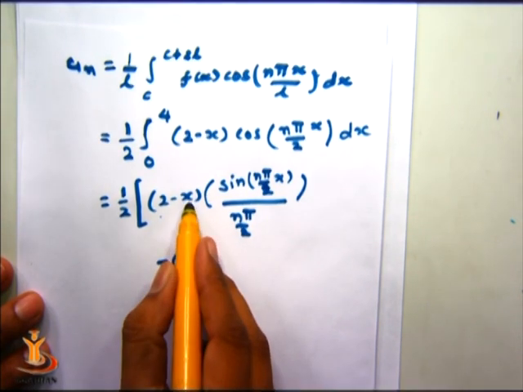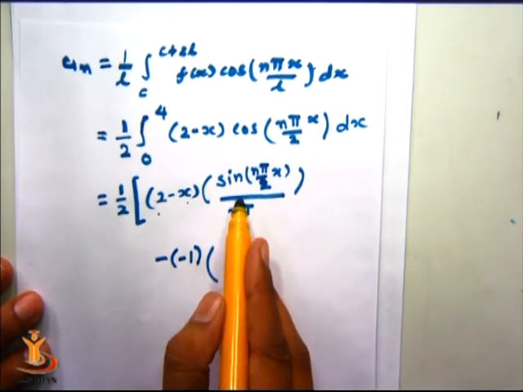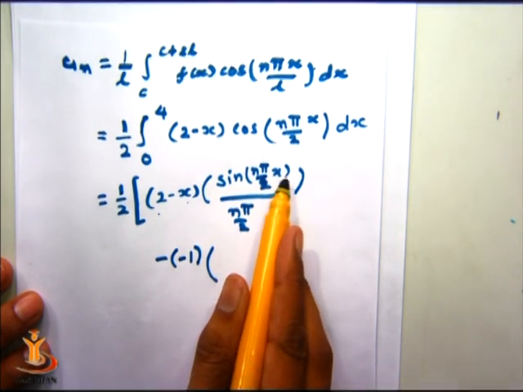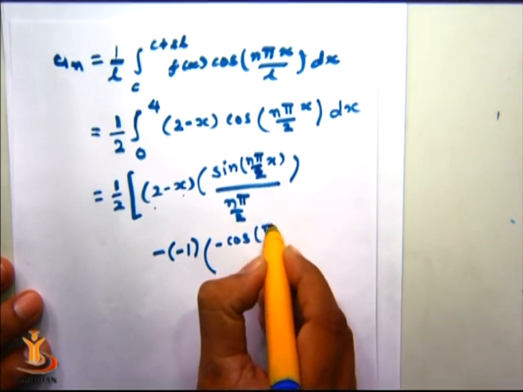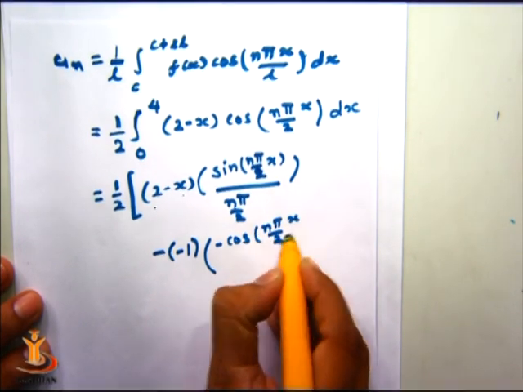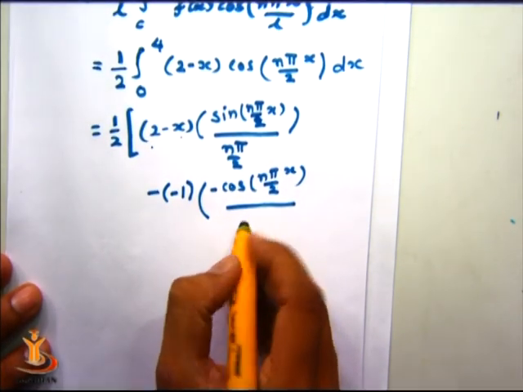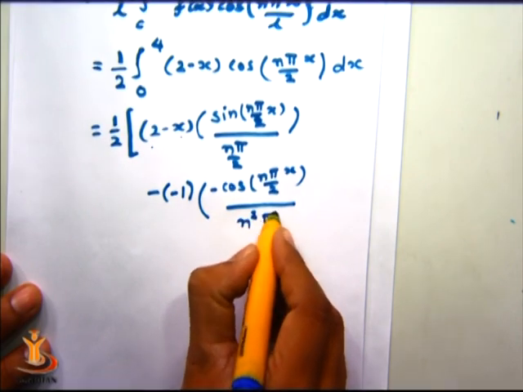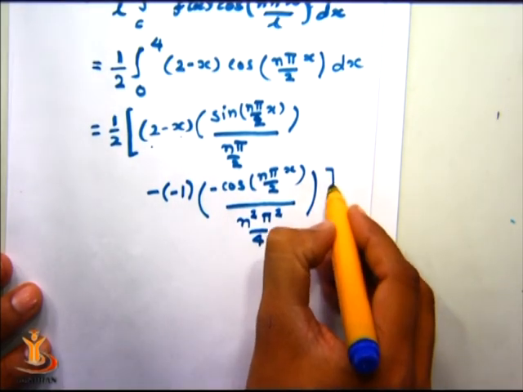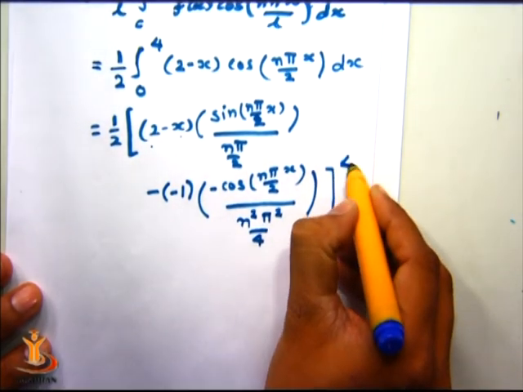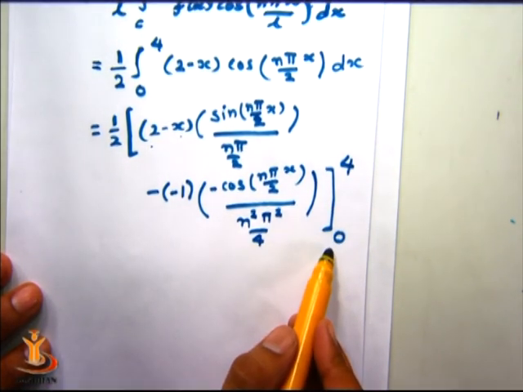So it is minus, the derivative of x is 1, so it is minus 1 into the integration of sine n pi x by 2, that is minus cos n pi x by 2 divided again by one more n pi by 2. So directly we can say n square pi square by 4. Here 1 is constant, so let's stop, and the value of our integration is from 0 to 4.